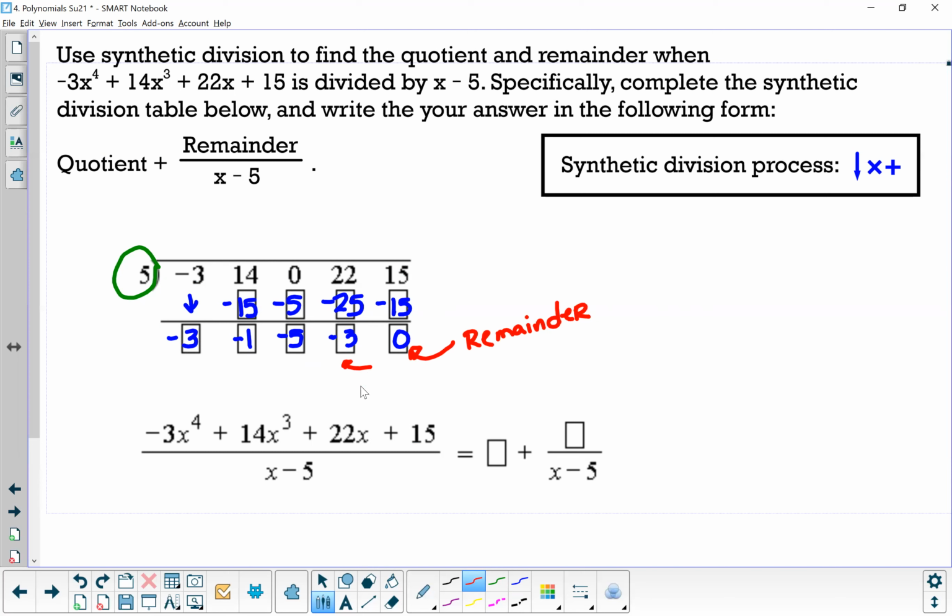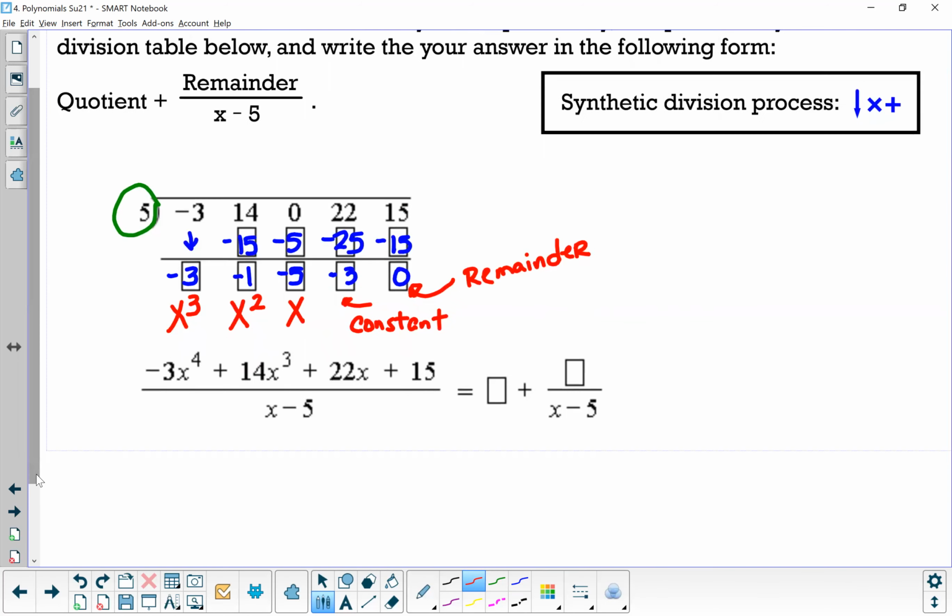And -3 is a constant. -5 is the coefficient for x, -1 is the coefficient for x squared, and -3 is the coefficient for x cubed.